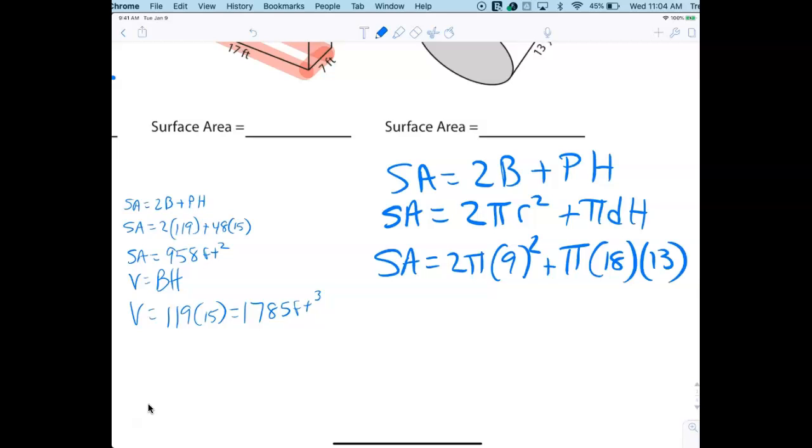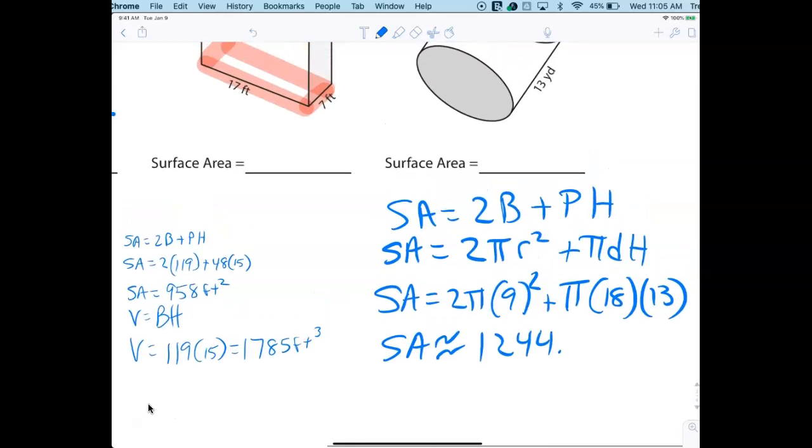Right, now type that straight in. And I'm going to say the surface area is approximately 1,244 feet squared. Or 0.1. And then what units? Feet, yards, inches? Yards squared.